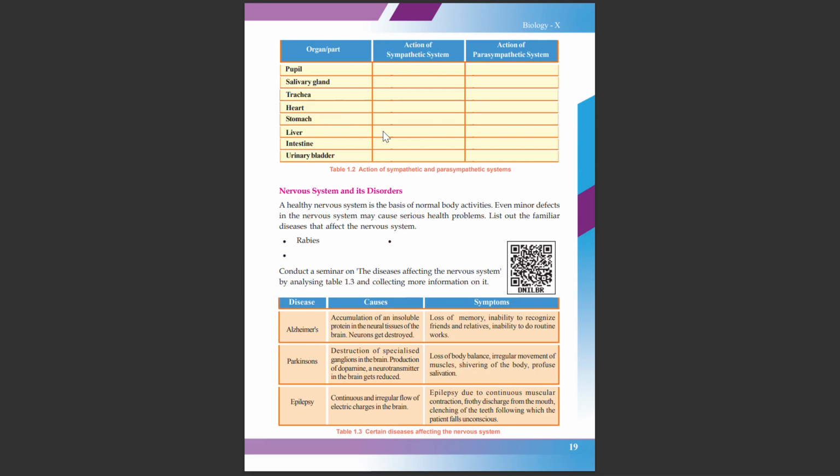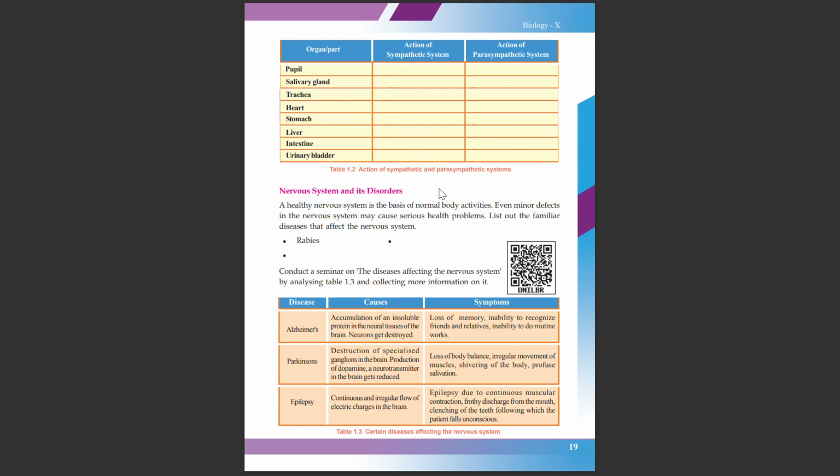What does the liver do? Glucose is converted to glycogen, glycogen is converted to glucose. Here it is glycogen, glucose is converted to glycogen. Intestinal activities such as digestion slow down, become normal. Urinary bladder becomes normal and it contracts.